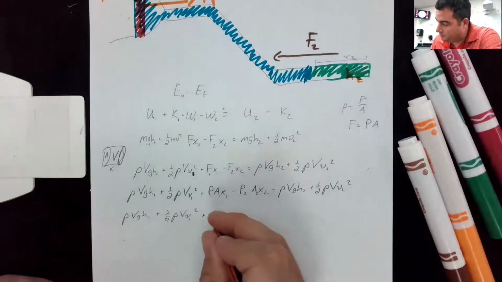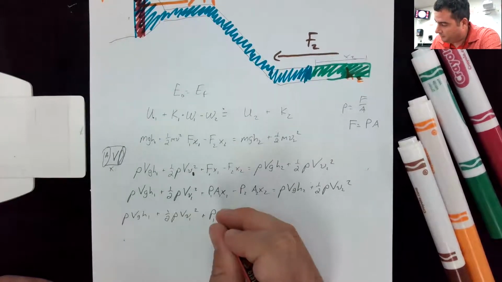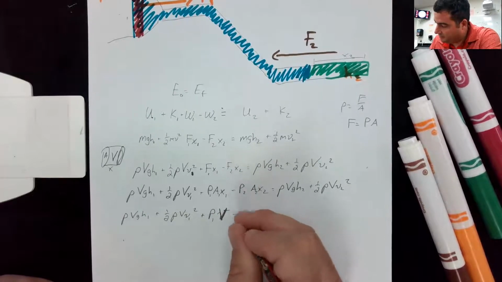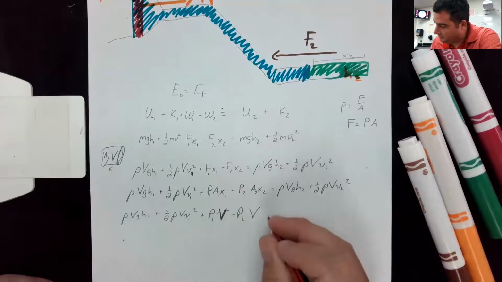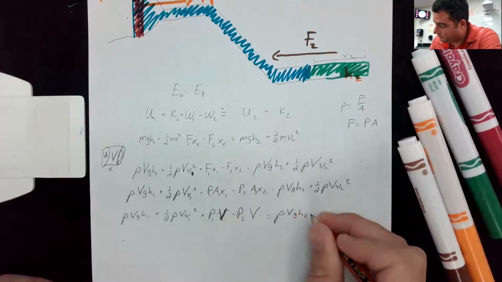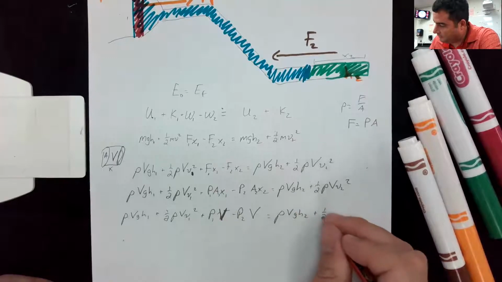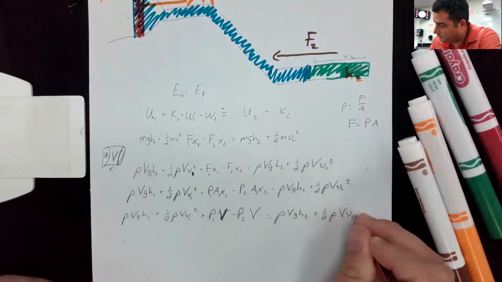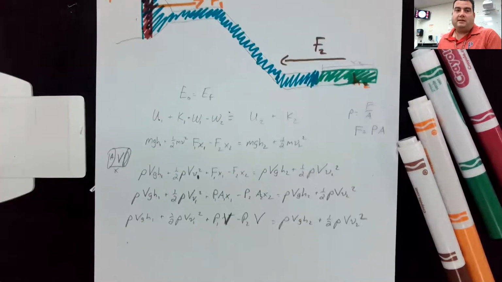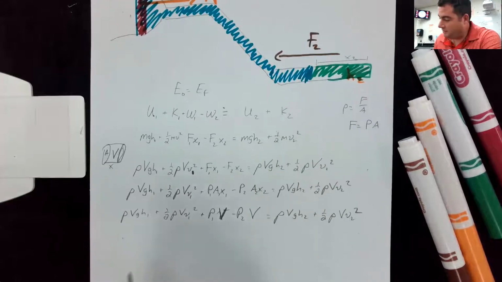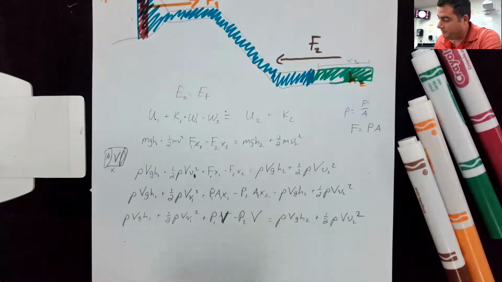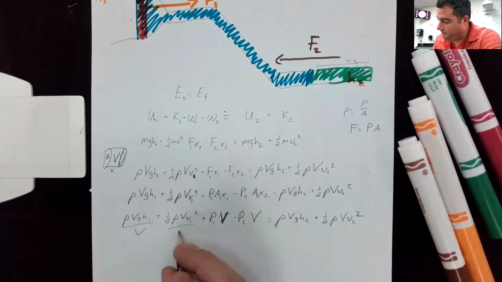So this becomes P1 V, the volume, minus P2 V. And the one thing that is constant in all these terms is volume, because water is incompressible. So I can divide out V.